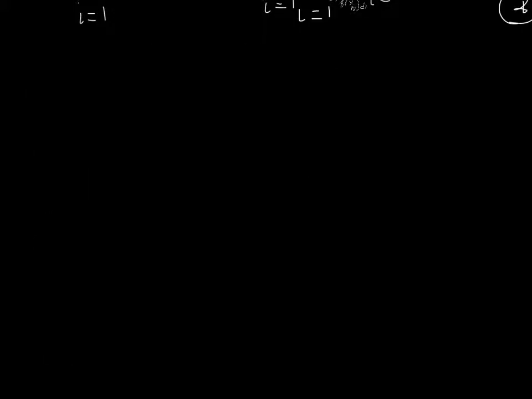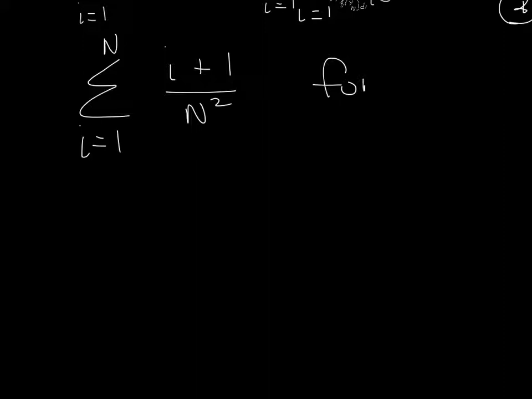We are going to evaluate from i equals 1 to n, i plus 1 over n squared. And I want to evaluate that for n equals 10, 100, 1,000, and 10,000.